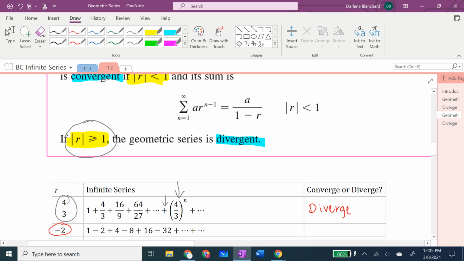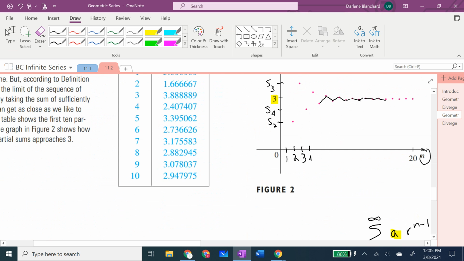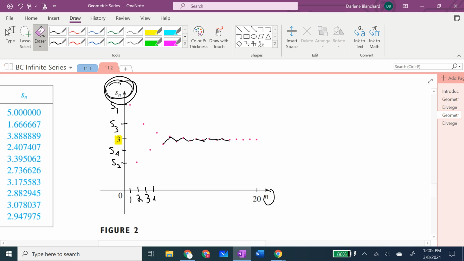When we went back and forth with adding and subtracting with the example right here, we were dealing with an r whose absolute value was less than 1.